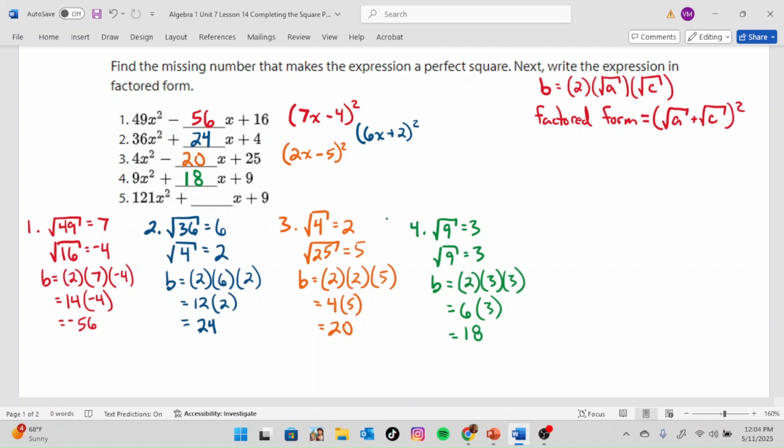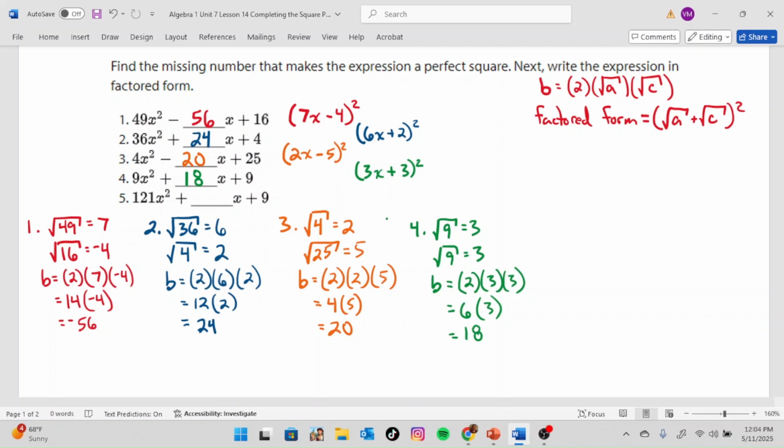Now in factored form, that is going to be 3x. The b term is positive, so that's plus 3 squared.